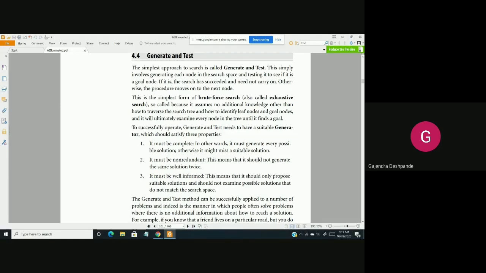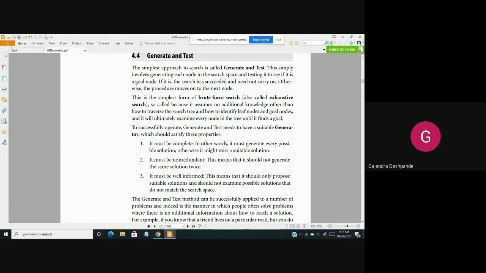The next is that it must be non-redundant. Note here that if it is not complete, then definitely it will be redundant. If it is complete, then you can say that it may be non-redundant, but that is not guaranteed. Say, for example, your random number generator is generating 8 unique random numbers and I want 10 random numbers.